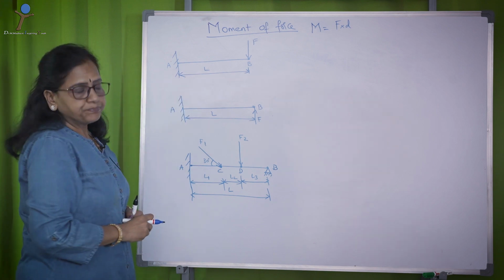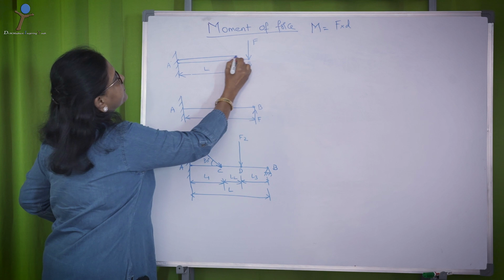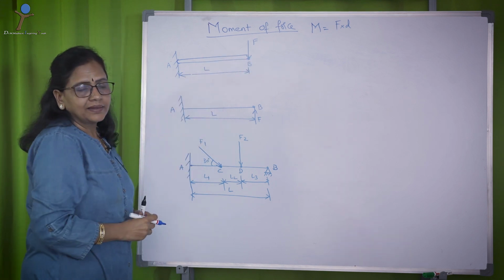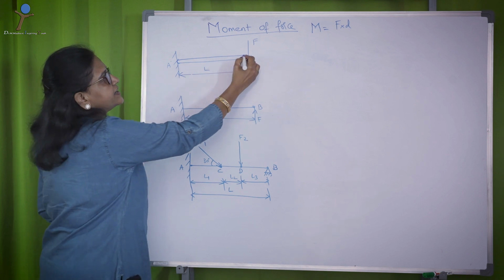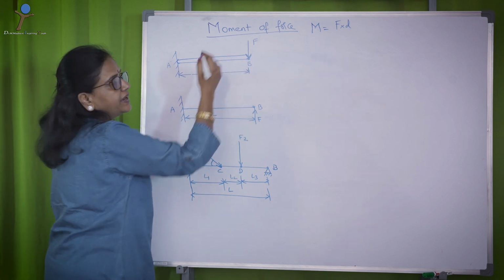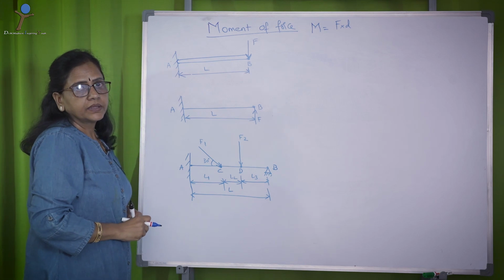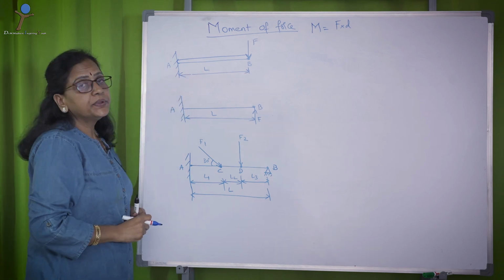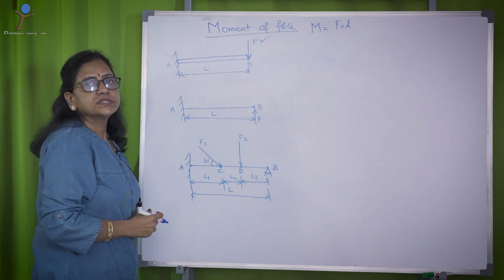Now, this is one particular case where a rod of length L is fixed at one end and a force F is acting on the free end. The rod length is L. In this case, how do you calculate the moment caused by the force F?